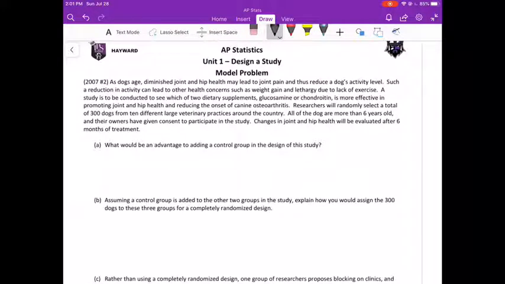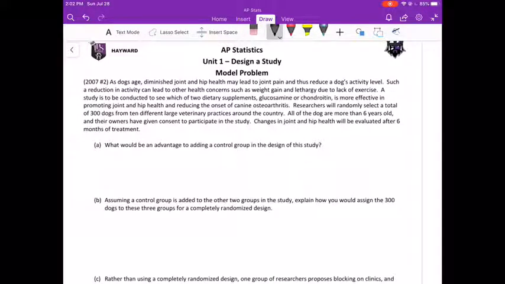So this comes from the 2007 AP Stats Free Response question. As dogs age, diminished joint and hip health may lead to joint pain and thus reduce a dog's activity level. Such a reduction in activity can lead to other health concerns such as weight gain and lethargy due to lack of exercise. So lethargy means that they don't move a lot. It's the act of not moving.